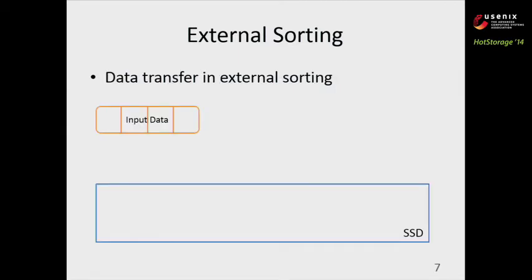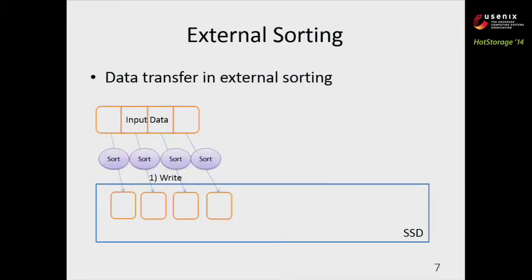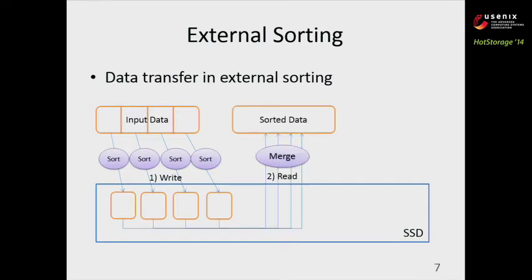I will explain the details of data transfer in external sorting. To sort data, the input data is divided into several chunks using the available memory size. Then each chunk is sorted using an in-memory sorting algorithm, and each sorted chunk is written to the disk. Next, the sorted chunks are read and merged to generate the complete sorted data in the host.